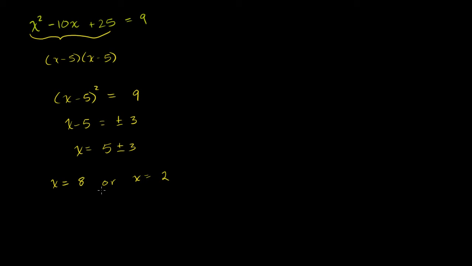Now, we could have done this quadratic equation the traditional way, the way you were tempted to do it. What happens if you subtract 9 from both sides of this equation? You'll get x squared minus 10x. And what's 25 minus 9? 25 minus 9 is 16. And that would be equal to 0.